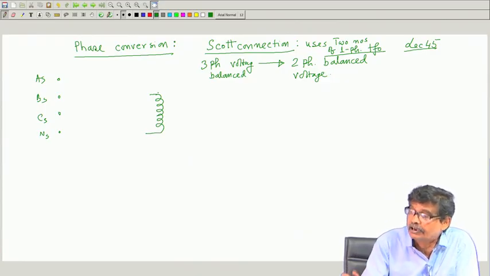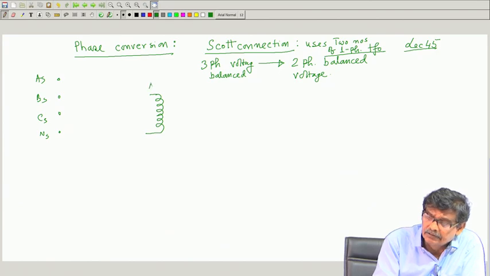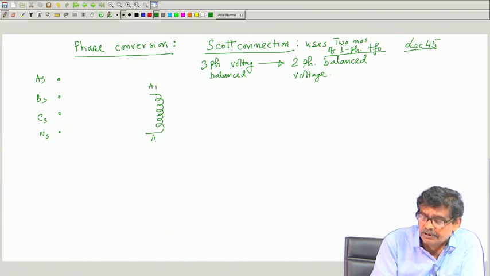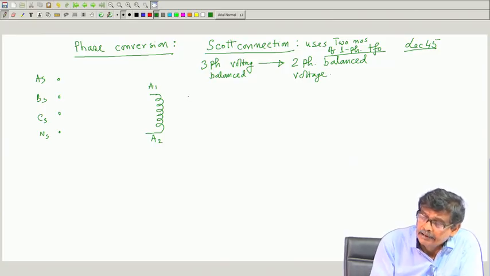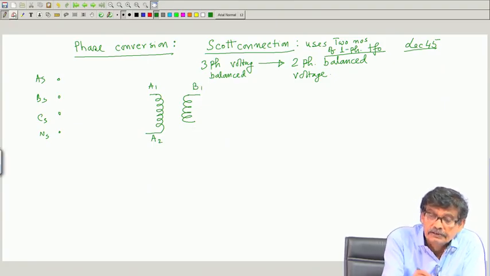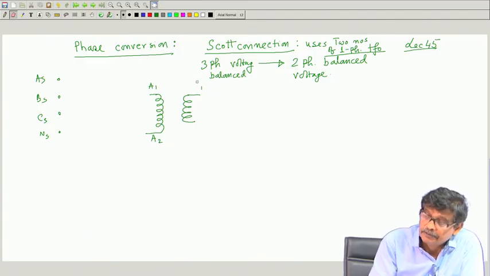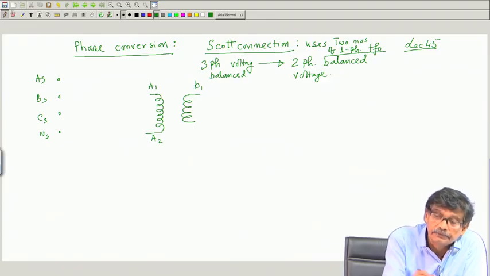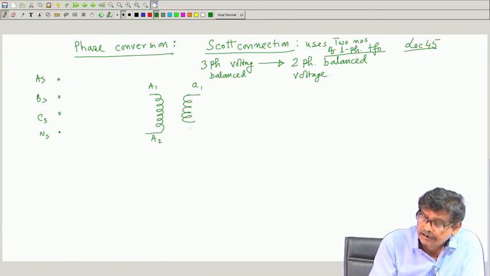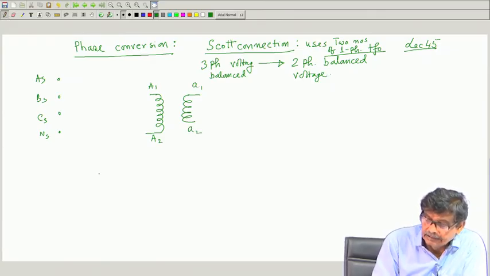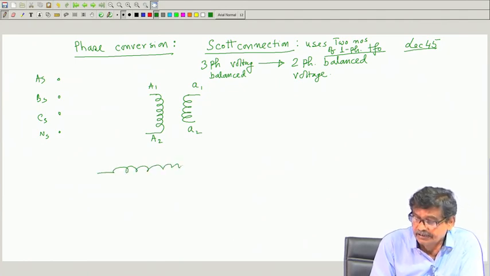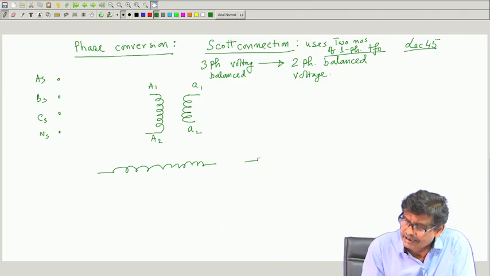In this case of course, 2 transformers are there, and let us call this transformer A with terminals A1 A2, and its secondary is having small a1 a2, and you have another transformer which I am drawing horizontally, the reason will be clear, and its secondary is this one.